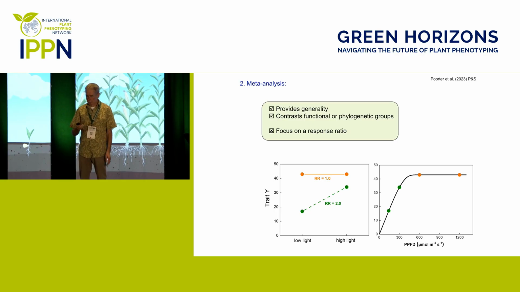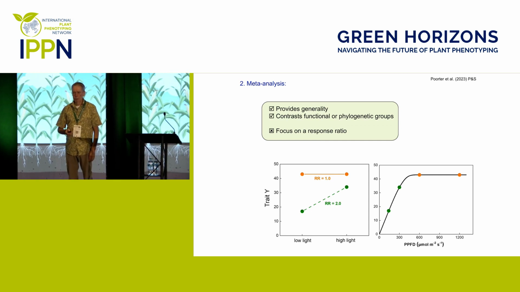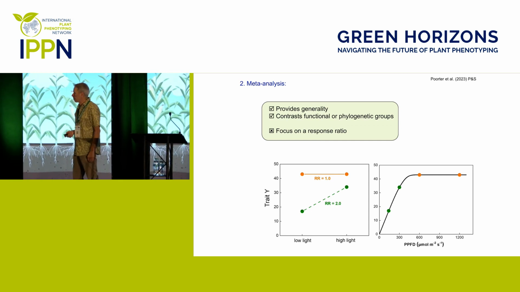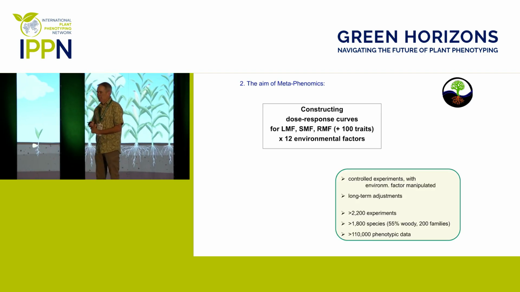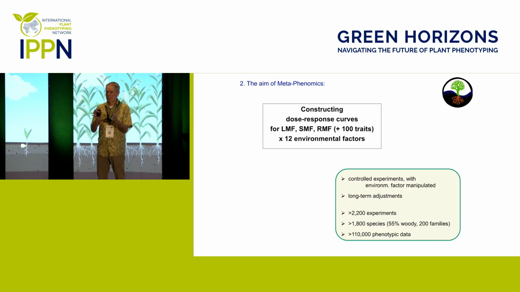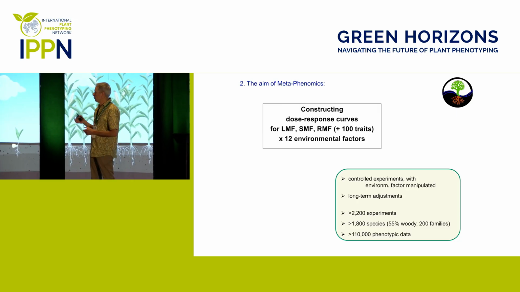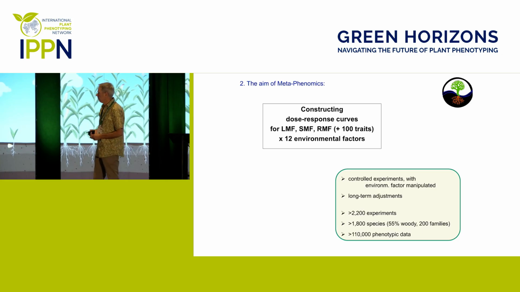So I think it's much more instructive, and I'm going to show you some of these dose response curves for biomass allocation. What I've been doing the last 20 years is basically constructing these dose response curves, and I'll show you them for leaf, stem, and root mass fraction, but I do that for 100 other ecophysiologically relevant traits, and I try to do that for 12 different abiotic environmental factors, right?